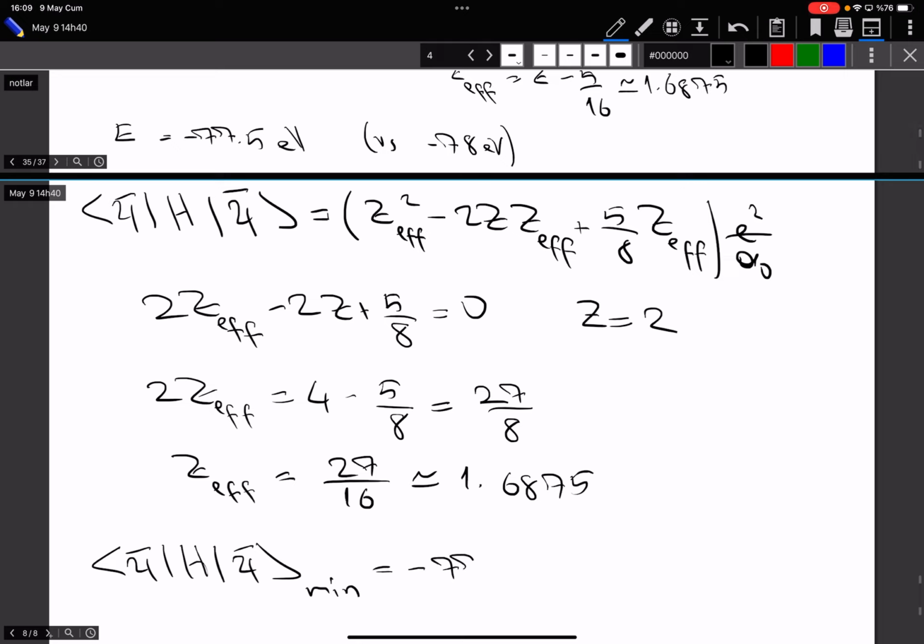Minus 77.5 electron volts. You see, by using this variational wave function, we are much closer to the exact value. But if you didn't have a good insight on what the wave function would look like, it would be a pain in the neck.